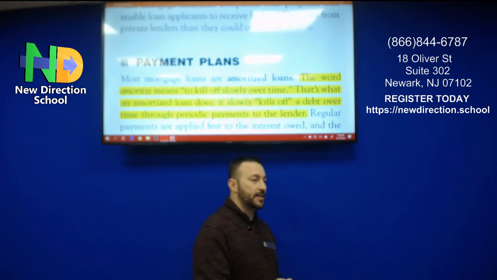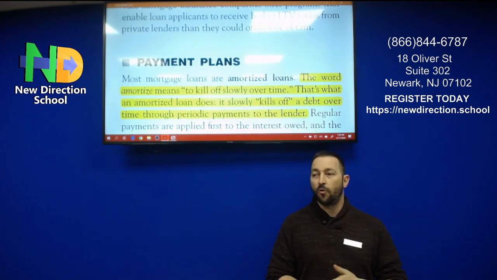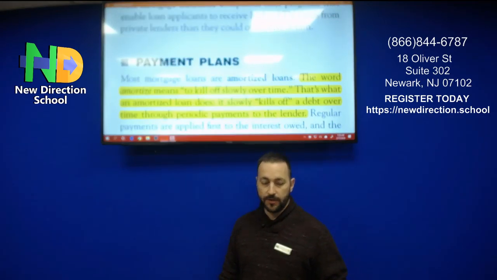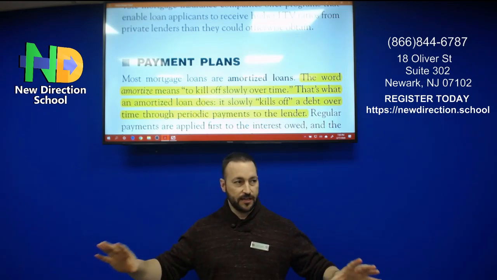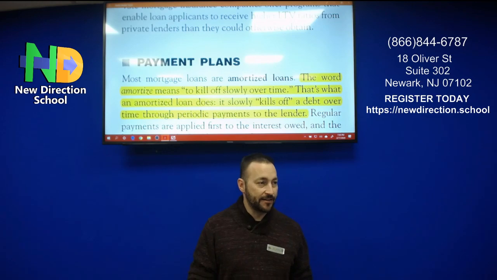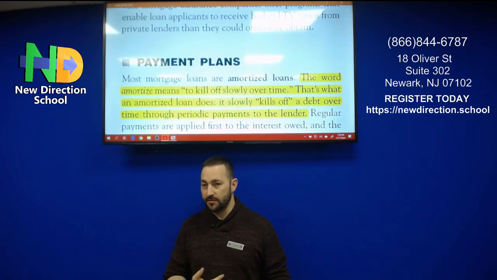But how they're structured could be fixed or variable. I'm just giving you a preview. Under fixed loans, we have fully amortized, partially amortized, and straight loans or term loans.